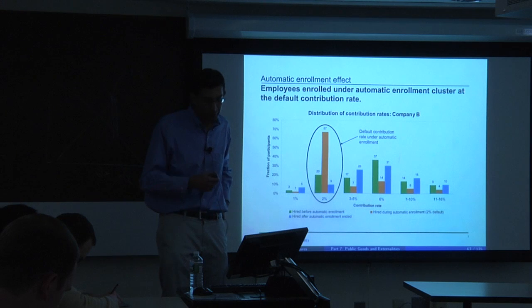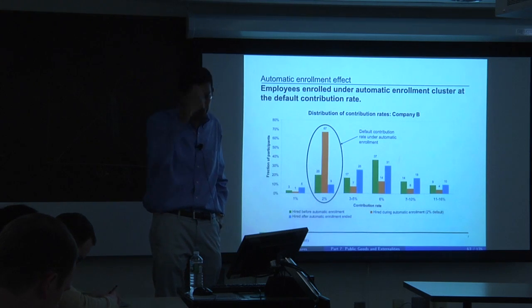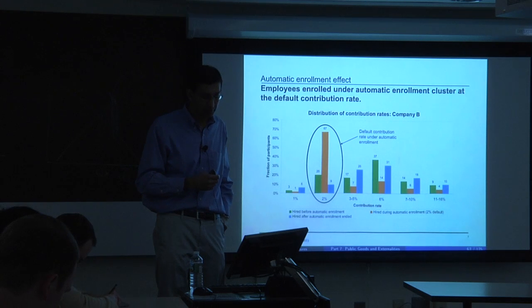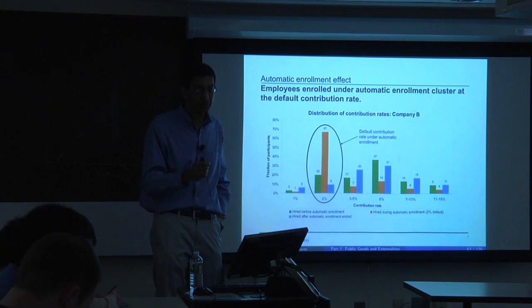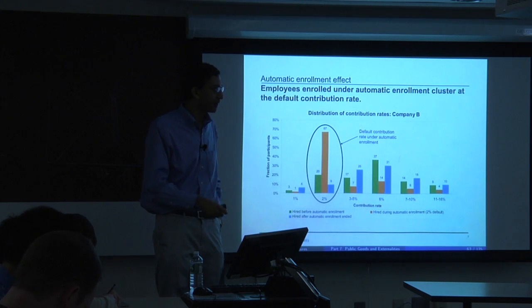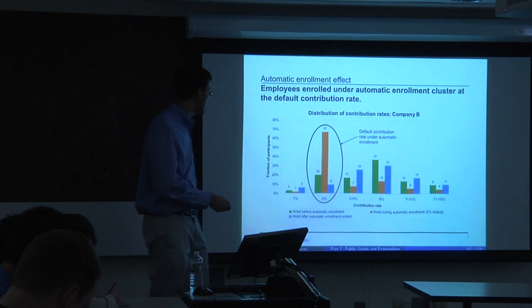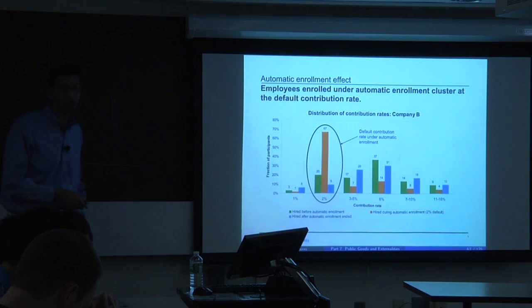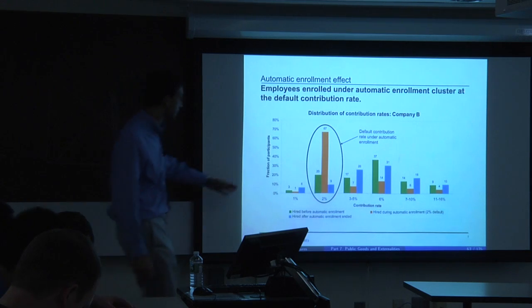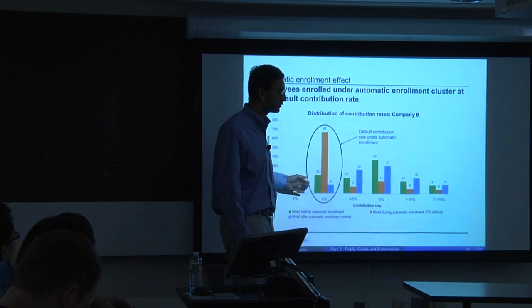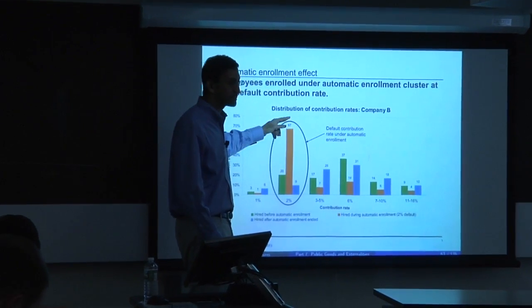And what's more, if you look at how much they're contributing to the pension, you can see very clearly that the default matters a lot. They defaulted people into a 2% contribution. 2% of your paycheck was contributed to the 401k. And if you just plot a histogram of those contributions for the same three groups, there's a big spike exactly at 2%.